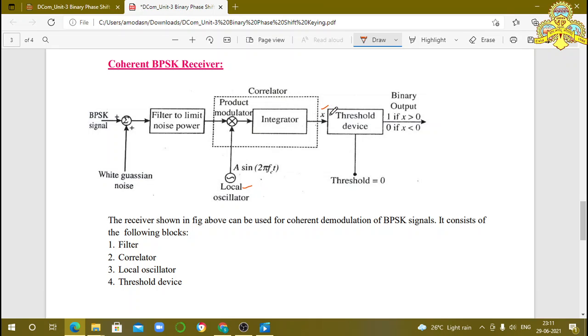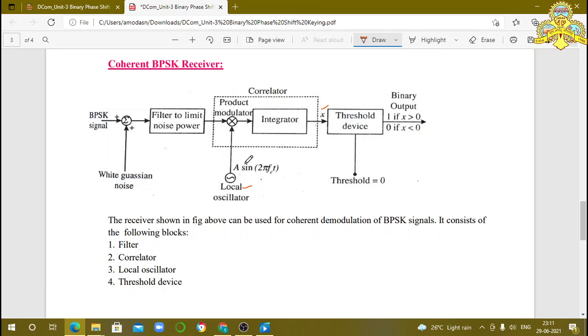Here the output X becomes positive when the local oscillator signal is exactly matched with the filter output. Both the signals are matched together, then that X becomes positive.